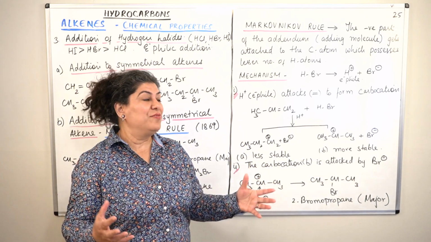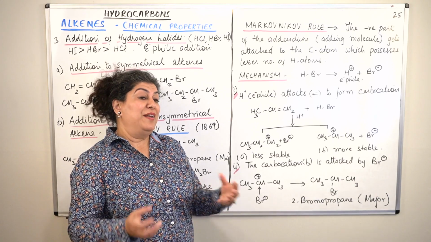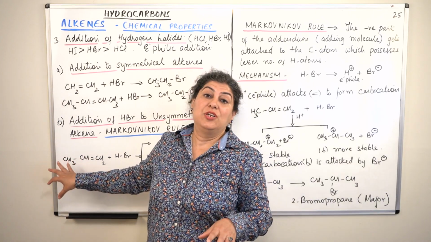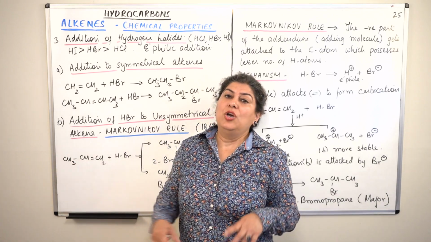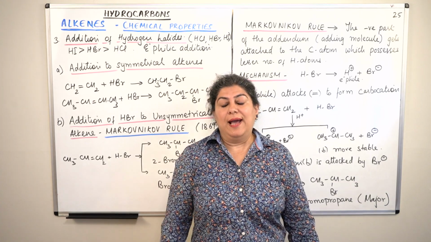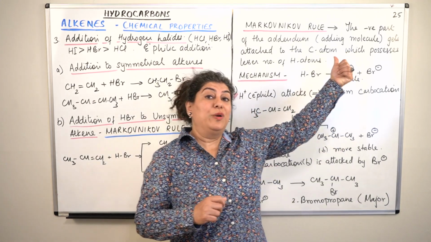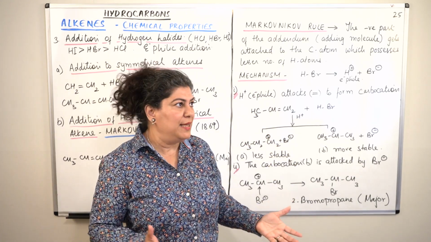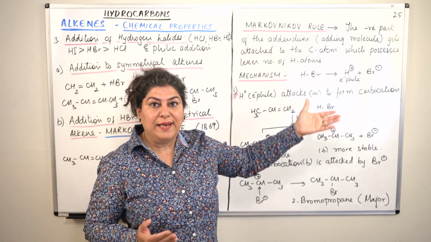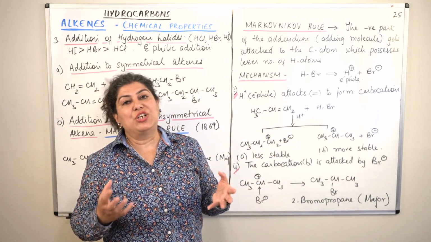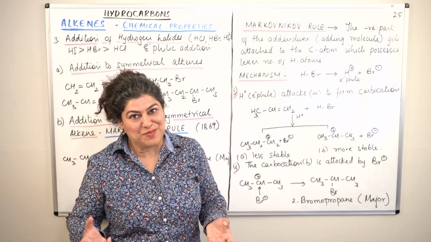And that is the reason why it was noticed that whenever you carry out the addition of a hydrogen halide to an unsymmetrical alkene, you always get one of the products as the major product. That observation was made into a rule: the negative part of the addendum will always add to that carbon of the chain which has a lesser number of hydrogen atoms.